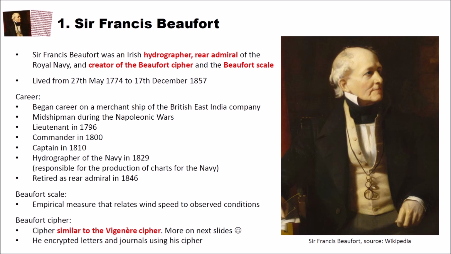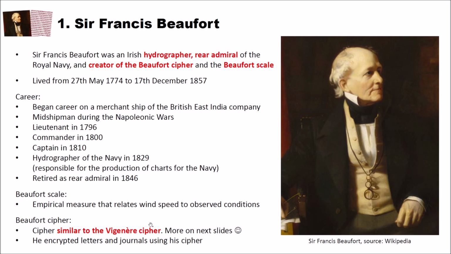And as I already said, he's known for the Beaufort scale, and that is an empirical measure that relates wind speed to observed conditions. And that is for us interesting here in that video, he's known for the Beaufort Cipher. And the Beaufort Cipher is a cipher similar to the Vigenère cipher. We already had, I think, several videos about Vigenère ciphers on this channel.